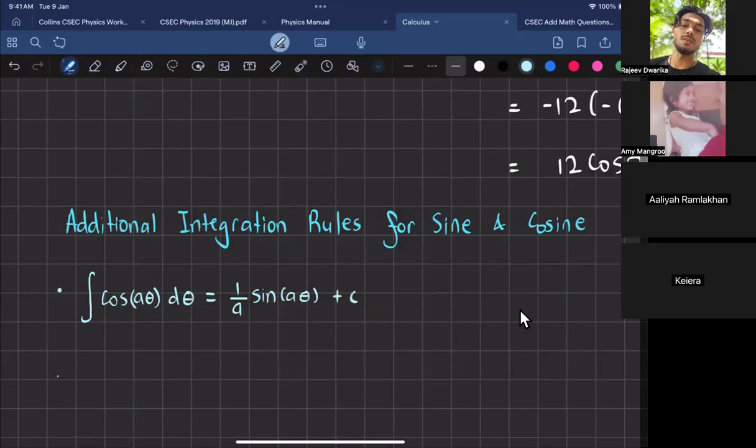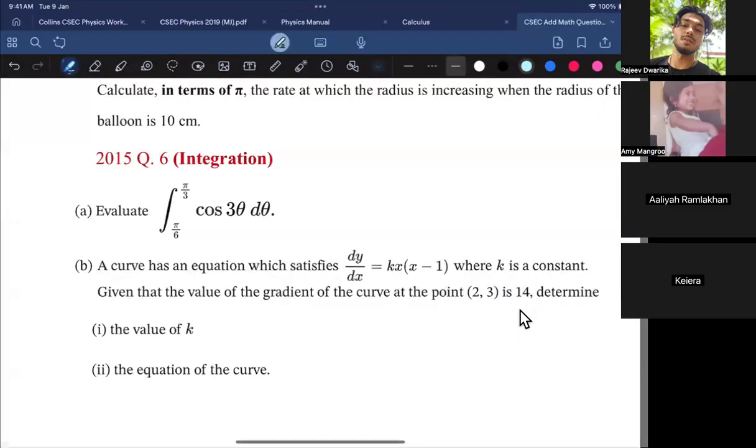So Amy, I think this answers your question, because it was 3 theta. The question is supposed to be cos 3 theta, right? So you had to integrate cos 3 theta. To integrate cos 3 theta, you'd end up with 1 over 3 sine 3 theta.